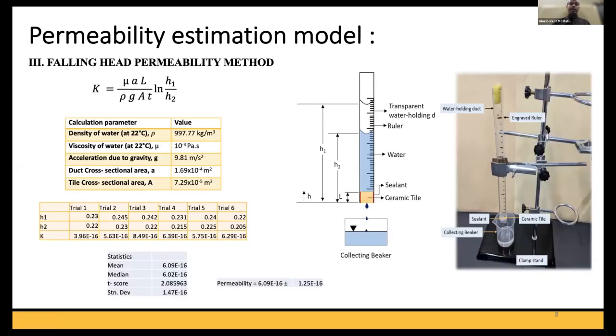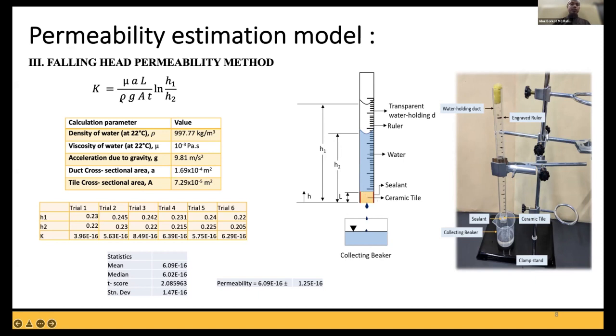The third method we adapted for the measurement of permeability is the falling head permeability method. For this, we have to use this equation, where H1 is the initial height of the liquid at the initial time, and H2 is the final height of the liquid after time t. We can calculate all these heights. Different trials were made, and mu, rho and g are the properties of the liquid falling through the specimen, which in our case is the ceramic tile, the porous medium.